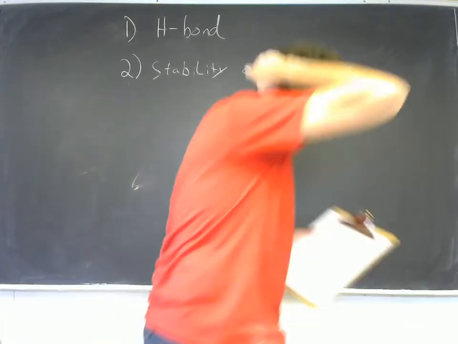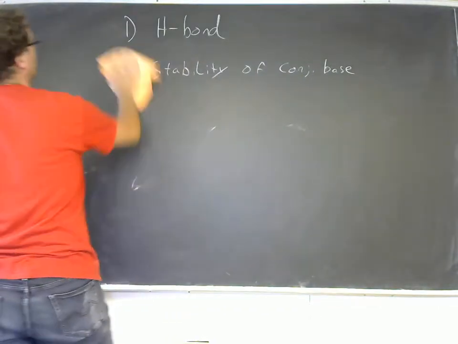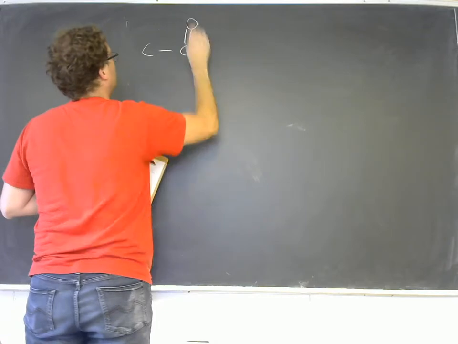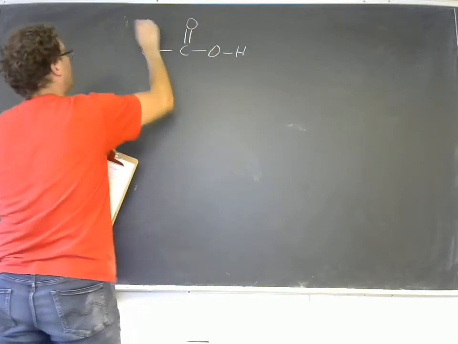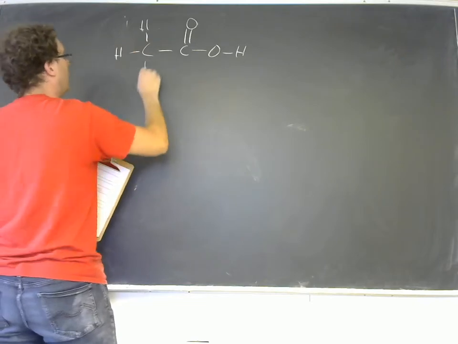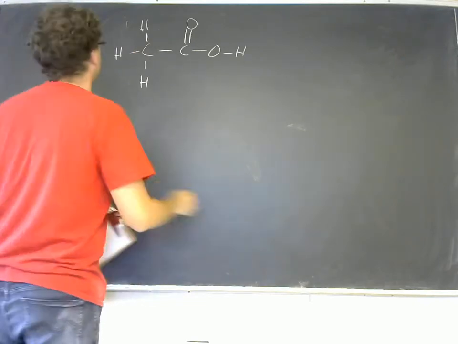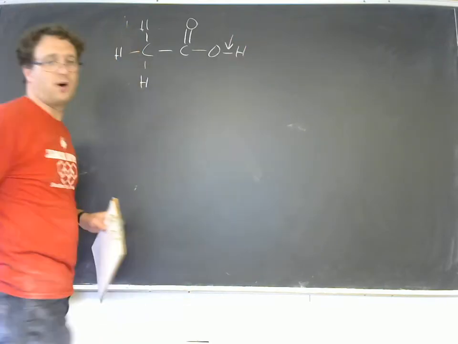Another way we can think about the effect of electron density is in nearby electron withdrawing groups. Here I've drawn a structure for acetic acid, and the bond that we're interested in is this OH bond right here.